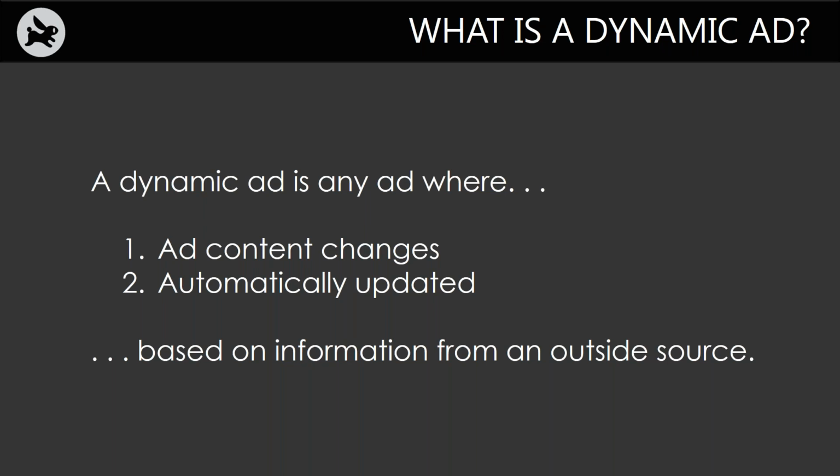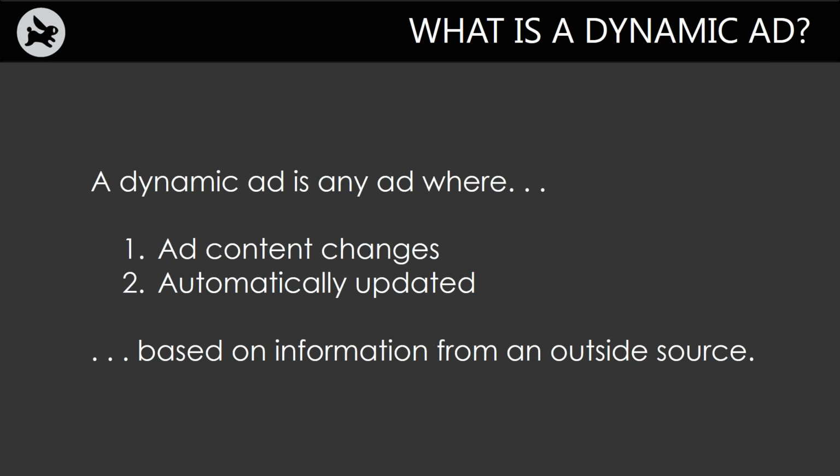The ad is actually not created until the viewer is ready to see it. When that viewer goes to look at an ad, there's not a static ad, an ad that's already designed as a single image or a single file. It doesn't exist in that sense. There are pieces of an ad, and they all come together for that viewer so that the content of the ad is determined based on what we want that viewer to see.